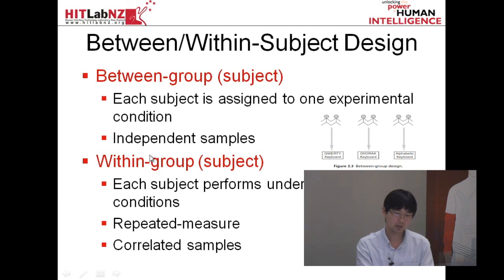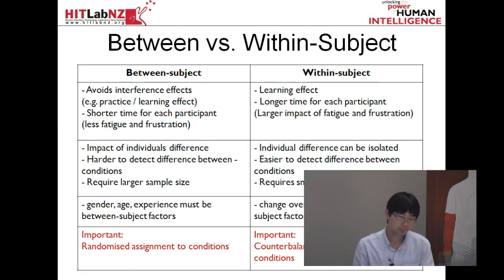Depending on what kind of assignment you use, you will end up with different statistical methods. Some of the statistical methods are for independent samples, and some are for correlated samples. So it's important: which assignment you use ends up with different statistical tools.